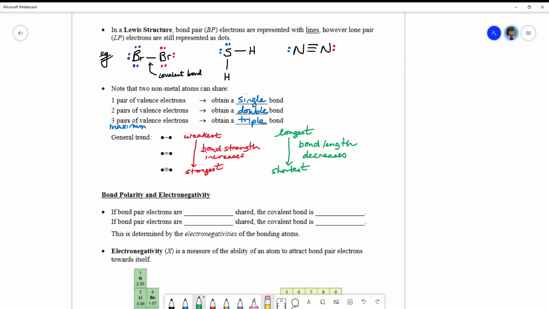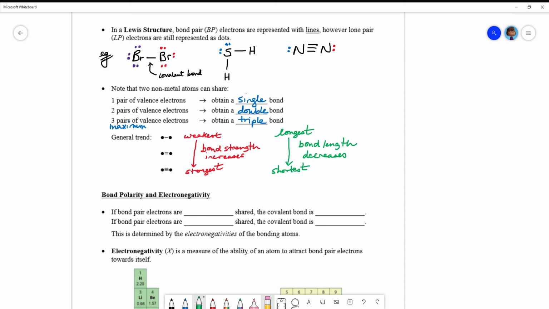Okay, so we've now taken a look at some basic fundamentals of covalent bonding: that nonmetals are involved, that they're in the form of atoms, and that, like metals and nonmetals when they form ions, they want stable noble gas configurations with filled valence orbitals, but they achieve that by sharing pairs of valence electrons.